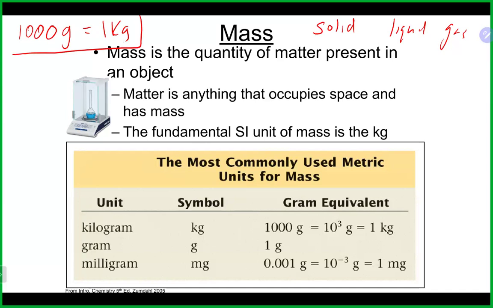Nothing's really going to be given to you, so make sure that you do know these things. Also, there's 1,000 milligrams in 1 gram. That's also a very common conversion. So those two you should definitely be aware of. You should know those.